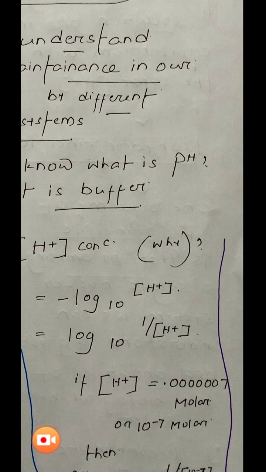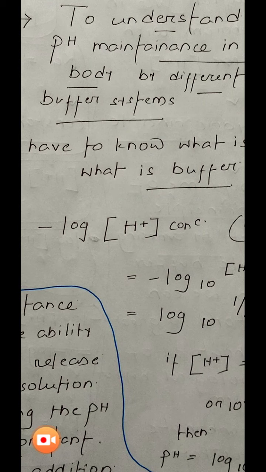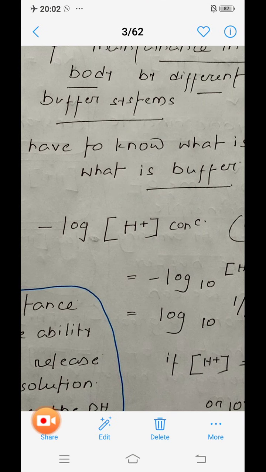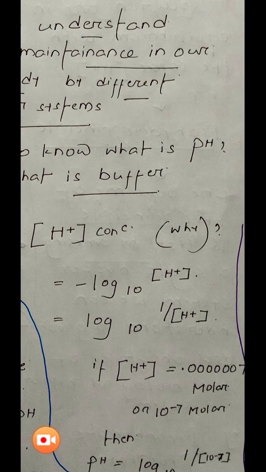Why is pH the negative logarithm of H plus ion concentration? Because negative logarithm of H plus ion concentration means log 10 to the power 1 by H plus ion concentration.